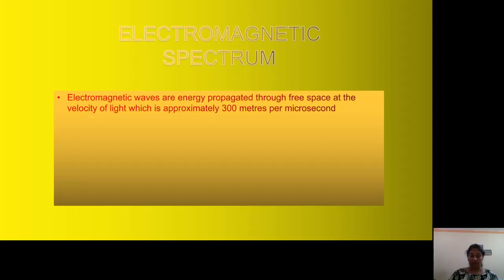An electromagnetic wave, also a light wave, travels at the speed of light with a velocity of 3 x 10^8 meters per second. They travel through air, vacuum, or solid materials.